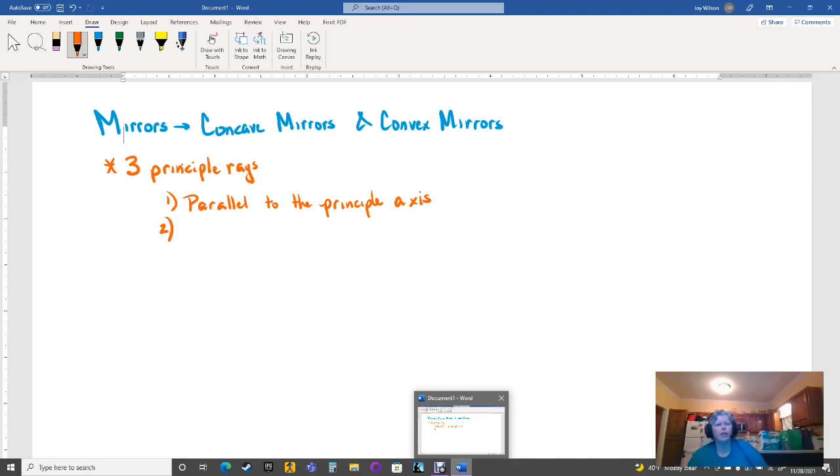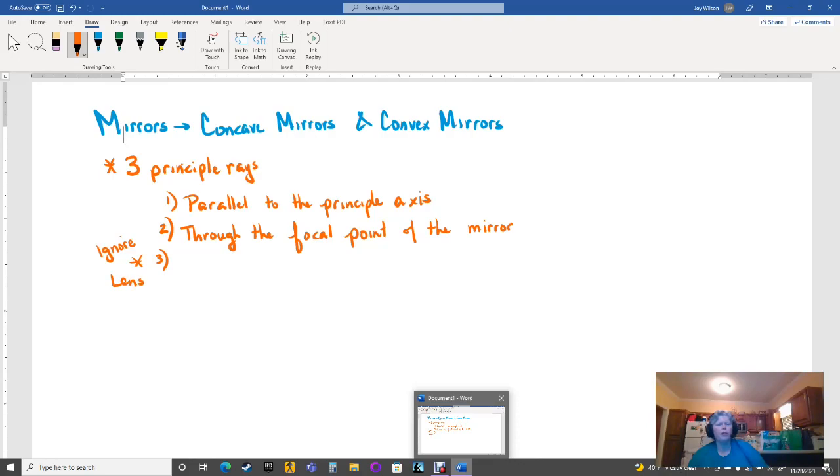the one that is through the focal point of the mirror, and then usually we do one that is through the center of the mirror. We don't use this one. This is the one we ignore for mirrors. We use it a lot more for lenses.